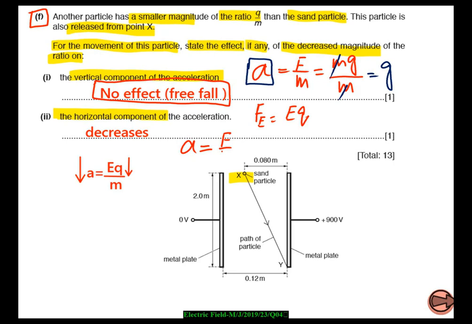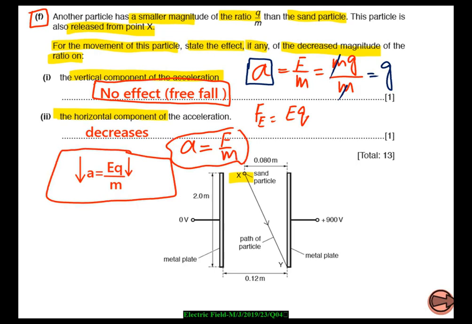If this ratio is decreasing, it means the horizontal acceleration will also decrease. So horizontal acceleration will also go down. That's the reason we said the horizontal acceleration will decrease if q over m decreases.